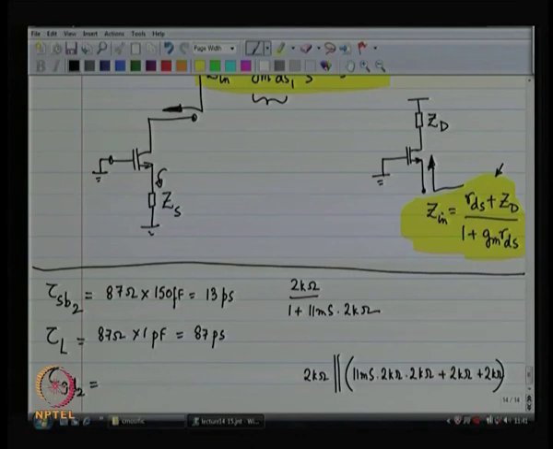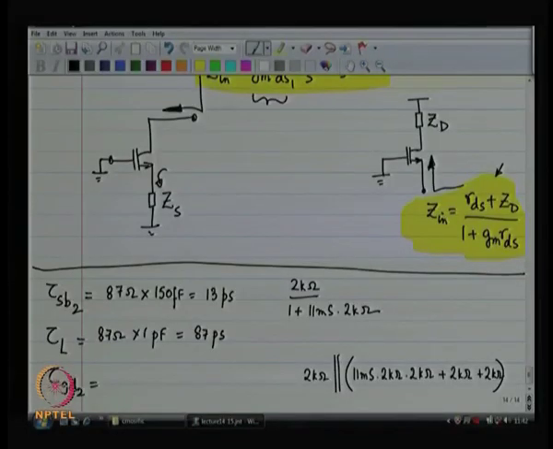So, you are basically going to see 2K times 11 millisiemens is 22K, I am sorry 22, factor of 22 times 2K is 44K, 46K, 48 kilo ohms in parallel with 2 kilo ohms, that should be about 2 kilo ohms, 1.92 kilo ohms. And the capacitance is 50 femtofarads. So, I basically get 96 picoseconds.